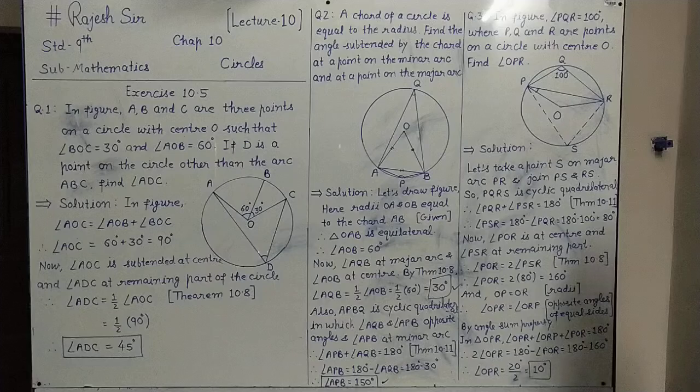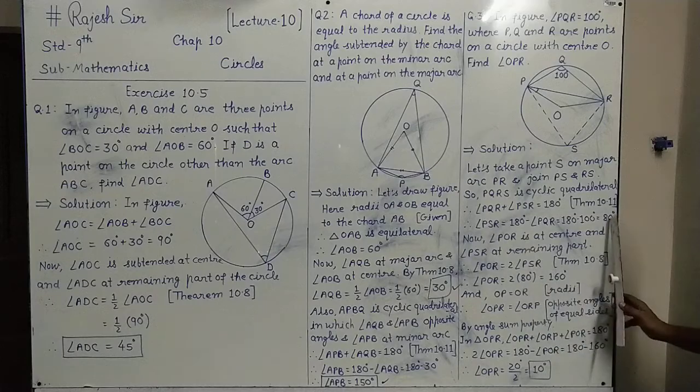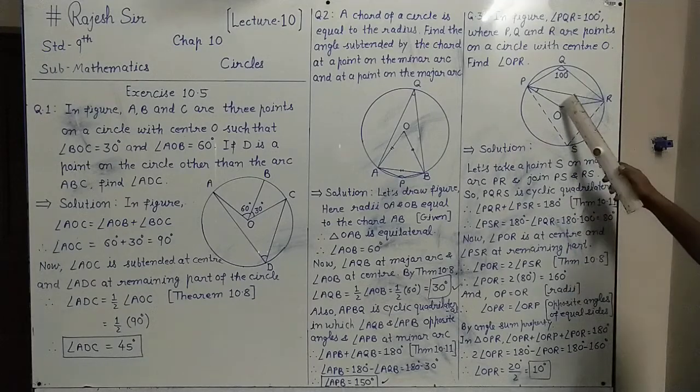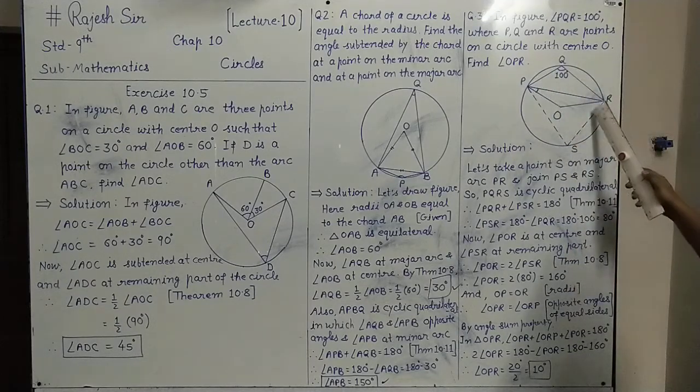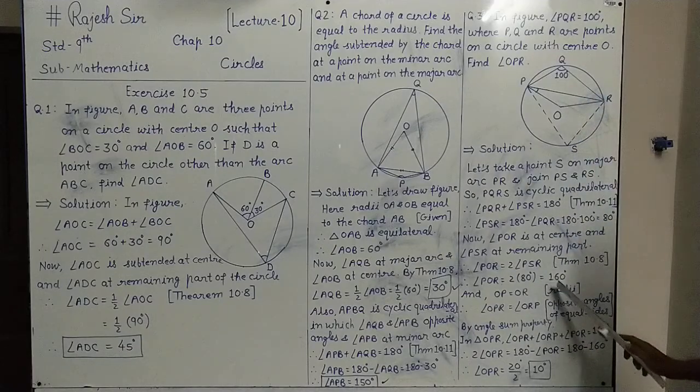So angle POR equals twice angle PSR, which is 80 degrees. So 2 into 80 is 160 degrees. On the center, the arc PR is subtending an angle of 160 degrees.